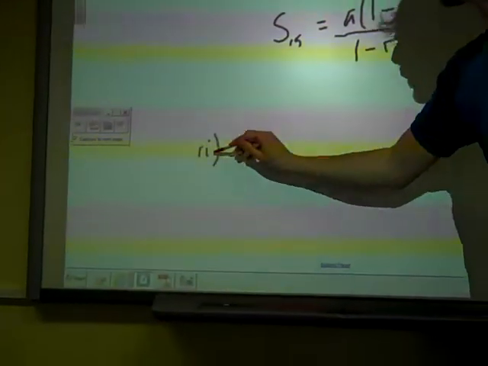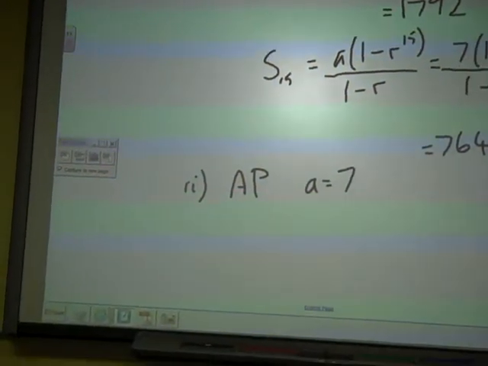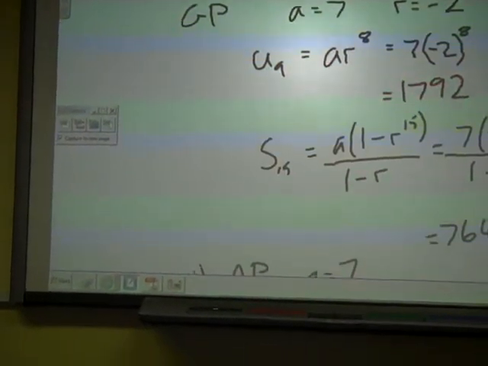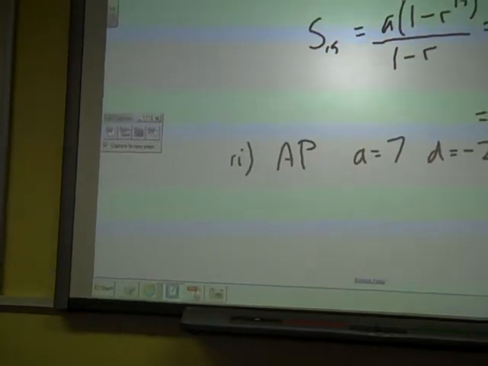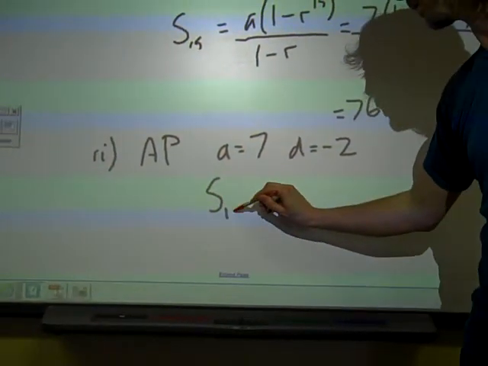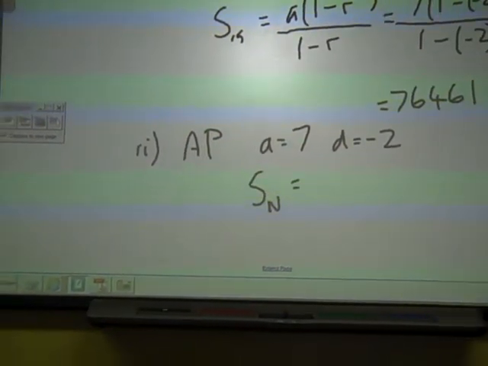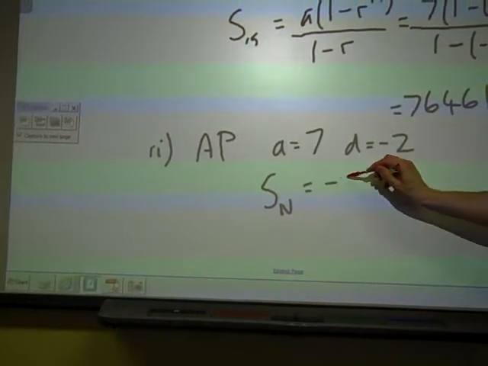So in part 2 we've got an AP. Again, the first term is 7. Common difference is -2. And the sum of the first n terms is -2,900.